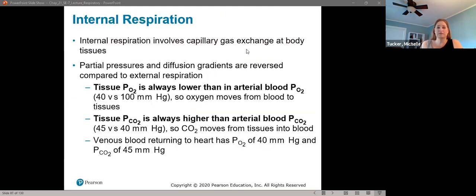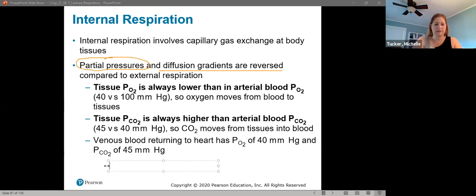Okay. So internal respiration, same concepts apply. Partial pressures and solubility. But now the diffusion gradients are reversed, okay? Because in the lungs we offloaded carbon dioxide and took up oxygen.